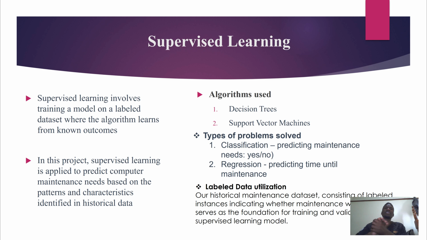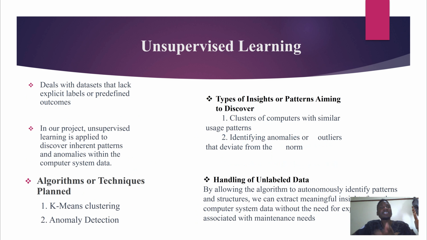Our historical maintenance data sets consisting of labeled instances indicating whether maintenance was needed serve as a foundation for training and validating the supervised learning model. Basically, that's self-explanatory. So we shall go to our next one, which is unsupervised learning.